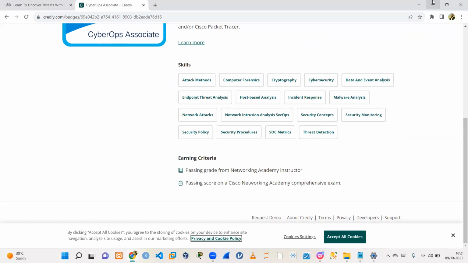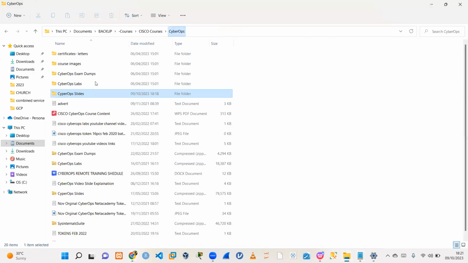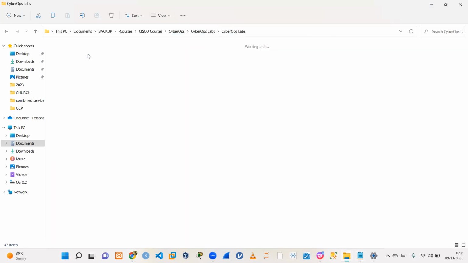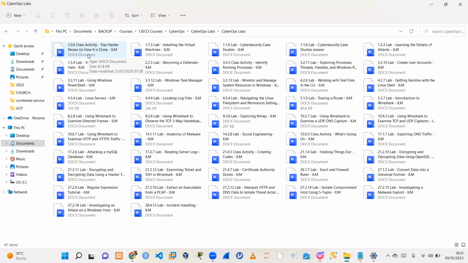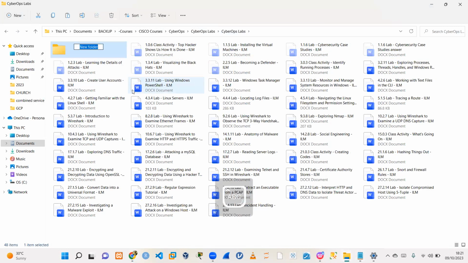Now, like I said, you have that amount of labs. If you check the labs, we have done about 18 of them, and they are in the channel. But look at these 7: 1, 2, 3, 4, 5, 6, 7. I will just cut them and create a new folder for them, lab day 1.